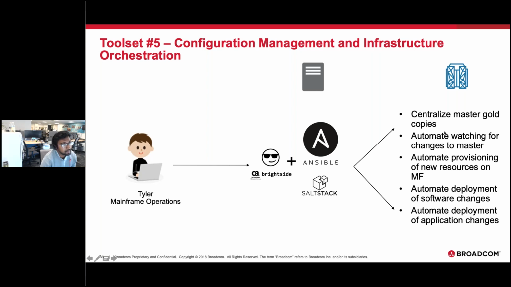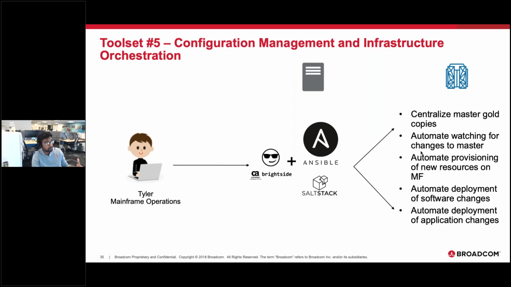So they can centralize their master and gold copies of software or applications. And then they can make updates to that master copy and then use these tools to automate watching those applications and software changes happening to them.